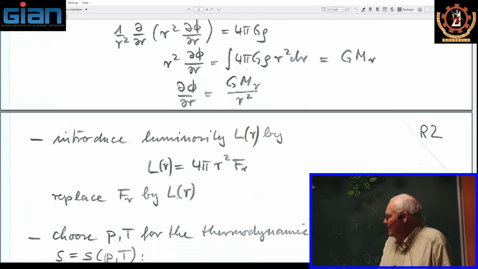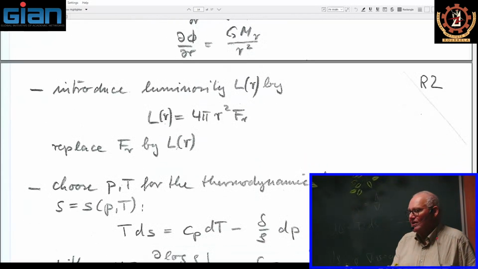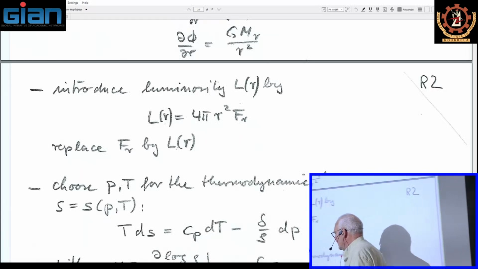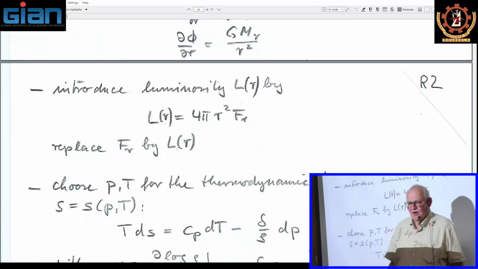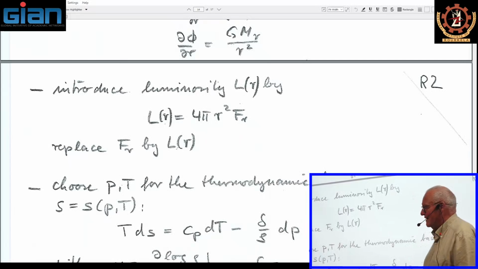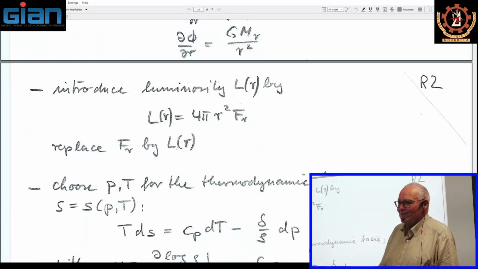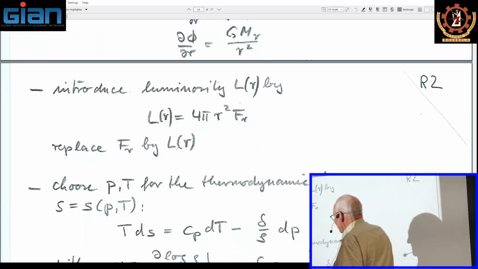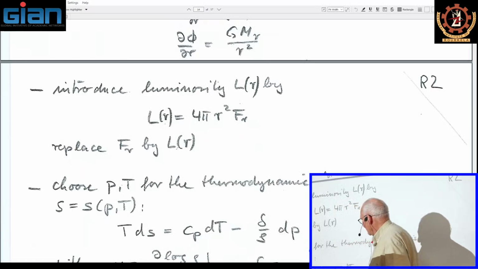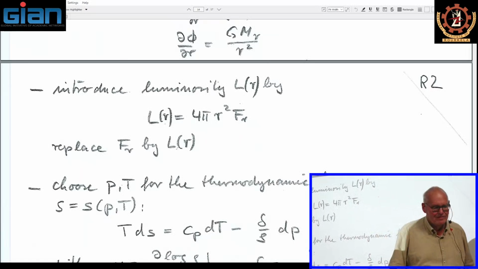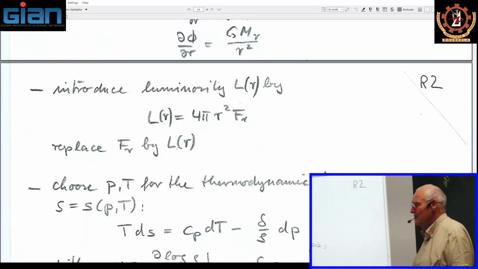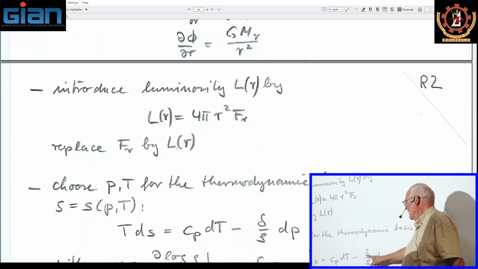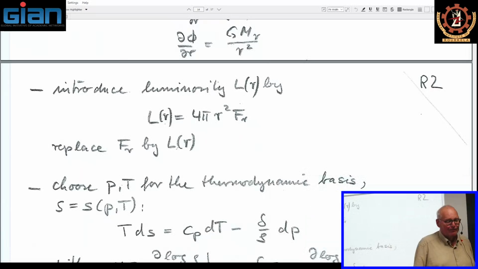Okay. Then we use pressure and temperature as the thermodynamic basis. That means we write the entropy as a function of pressure and temperature. Now I have to resort to some thermodynamic relations. Well, TdS is written now in the form that it's Cp, the specific heat at constant pressure, times the differential of the temperature, minus delta over rho times the differential of the pressure.